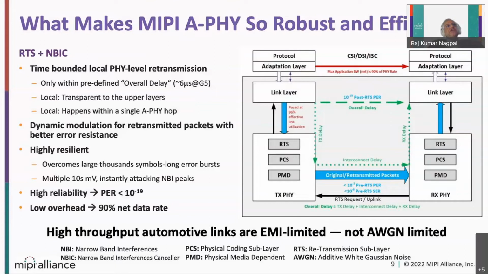And then if there is a failure, and this failure is appearing because of any EMC noise attack, then my receiver has a mechanism to really cancel this noise, which is called narrowband interference cancellation, which is basically a mechanism at the receiver end wherein it can request the source to transmit a specific training pattern, and then the receiver can really detect the signature of this interference aggressor and really cancel it out.